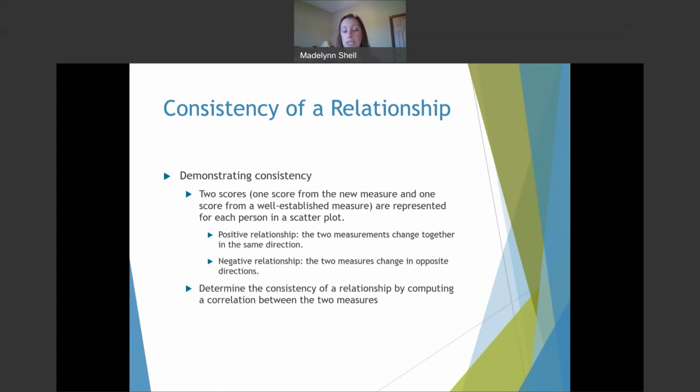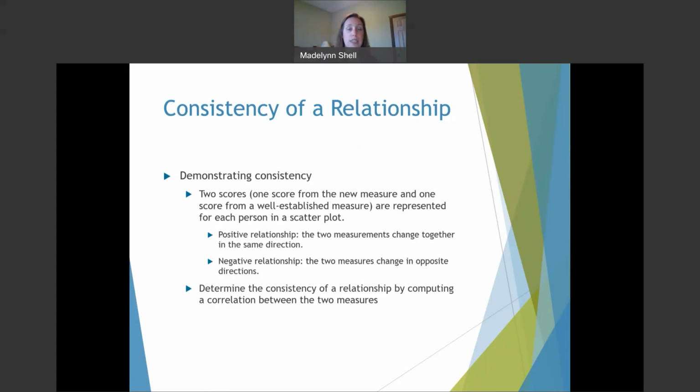So if there's a positive relationship, two measurements change together in the same direction. So as your score on the new measure of depression goes up, so does your score on the Beck Depression Inventory, which is a well-established measure. If there's a negative relationship, then the two measures change in the opposite direction.